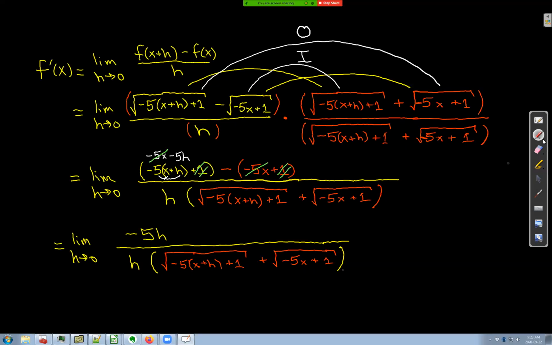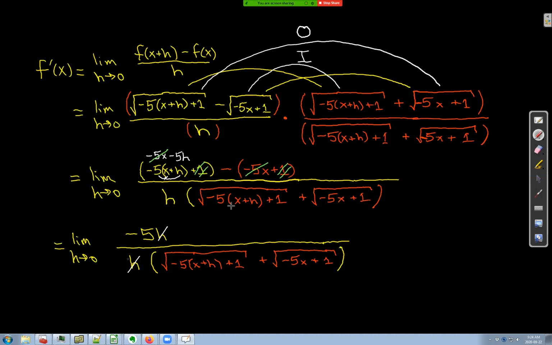Okay, and now a good thing happens, because if you look at this, I have a factor of h in the numerator and a factor of h in the denominator. So those h's can knock each other out and make 1. So those h's go away.